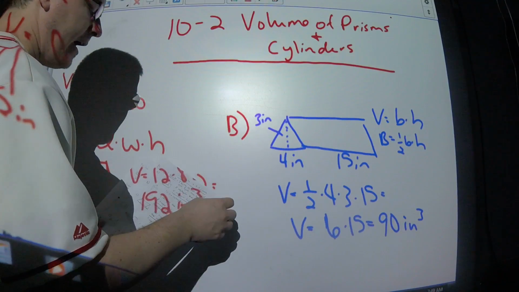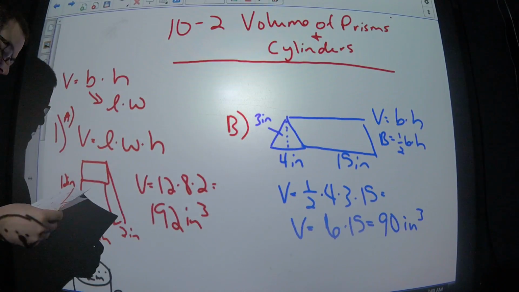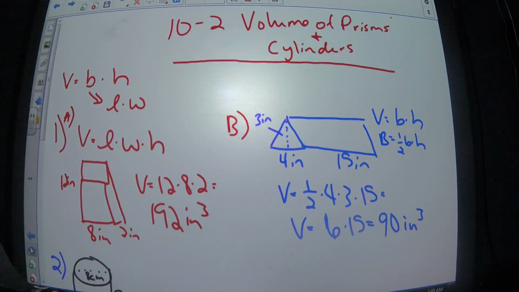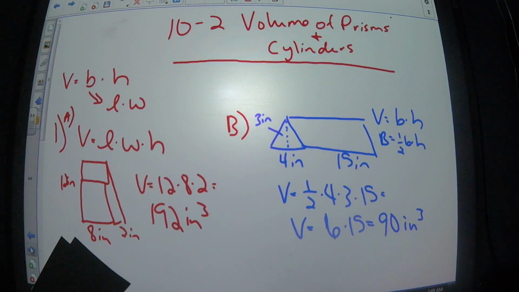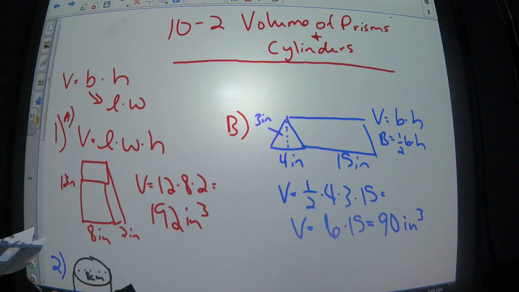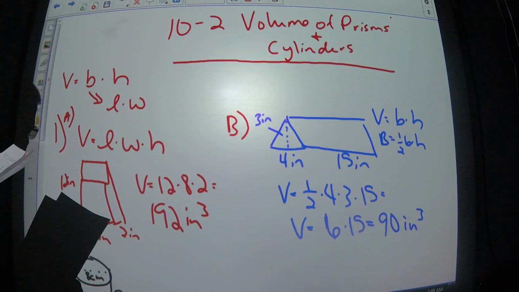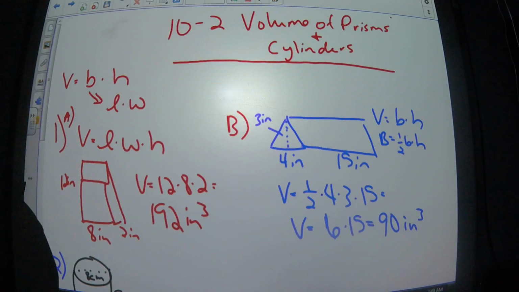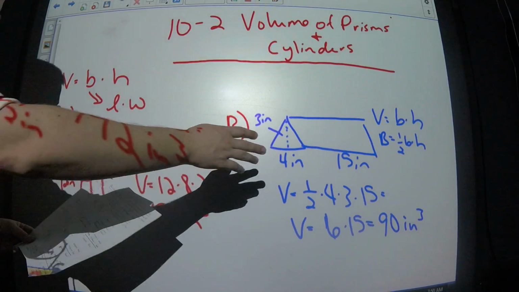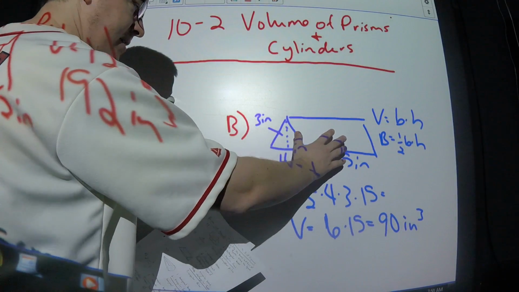So a base is going to be similar to a face, okay? But a base tends to be what you are not seeing or what it could sit on. So there are two triangular bases on a triangular prism.